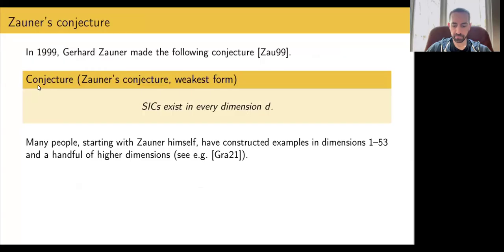So what's the state of play? A lot of people, starting with Zauner, and notably people like Scott, Grassl, Appleby, Kopp, and others, have constructed examples of these things in low dimensions. Marcus Grassl is potentially even on this call and has constructed exact examples in a huge number of dimensions.